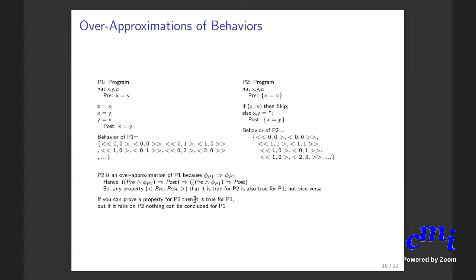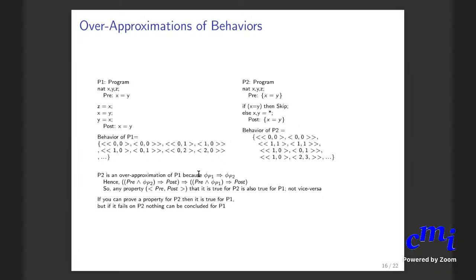Then of course you cannot conclude anything, but you have to think of some other over approximation that fits your property. But there are other techniques that we will see. Usually that happens if you have added too many behaviors.